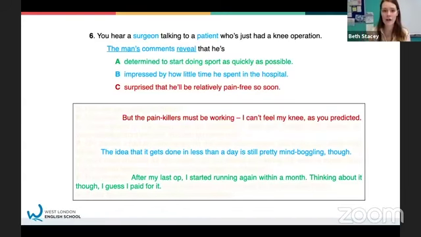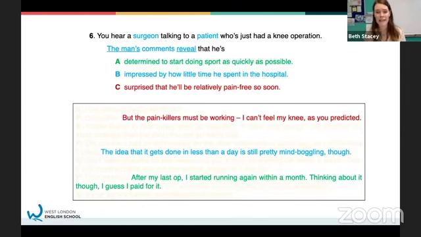Now here I've got colours to show you where the answers are or where the distractors are. Let's start with A, determined to start doing sport as quickly as possible. And the last bit, it says, after my last op, I started running again within a month. So this sounds like, aha, he wants to start doing sports and running, and within a month, quickly.